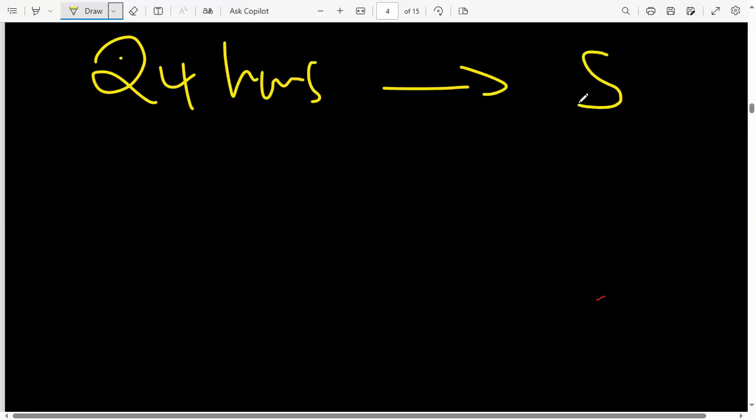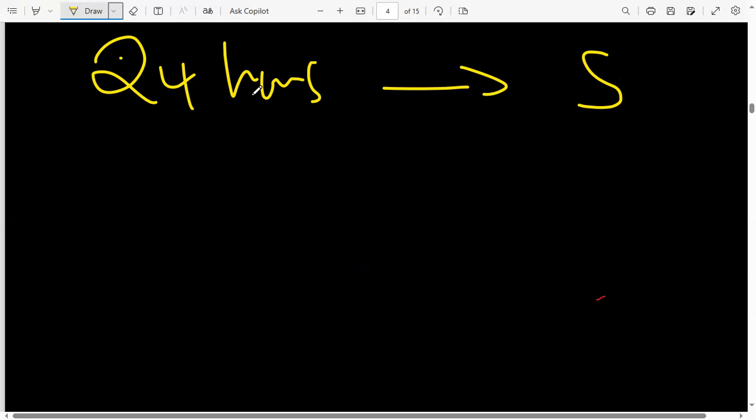So we have 24 hours here and you want to convert this to seconds. There's a direct conversion factor that says 1 hour is equal to 3,600 seconds. We can use that, and it will just be direct. Or if you want, you can convert the hours to minutes, and then convert those minutes to seconds.